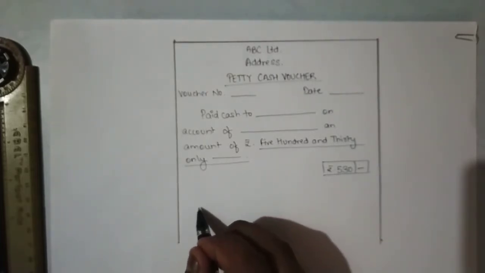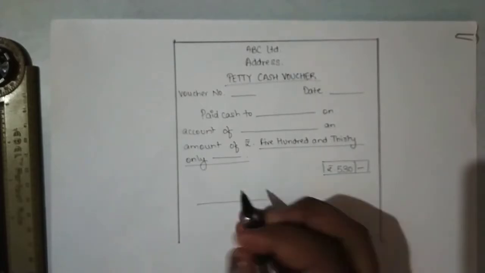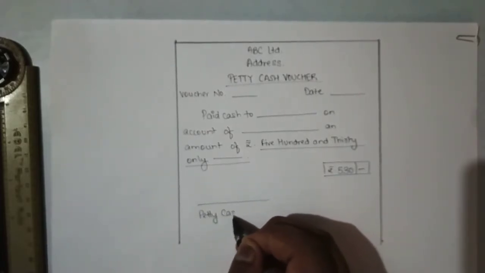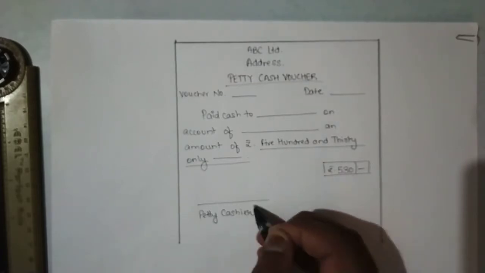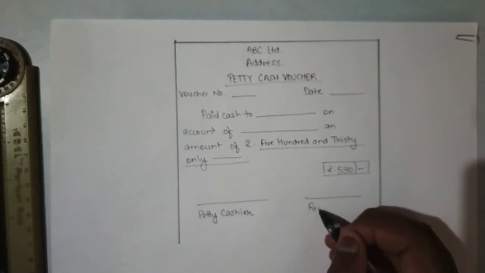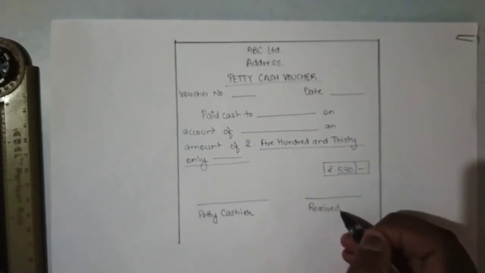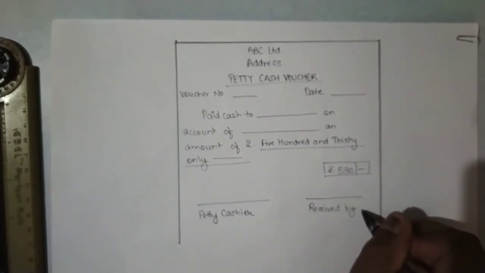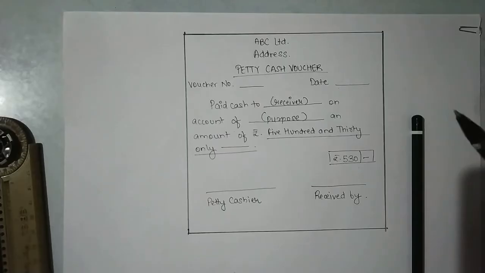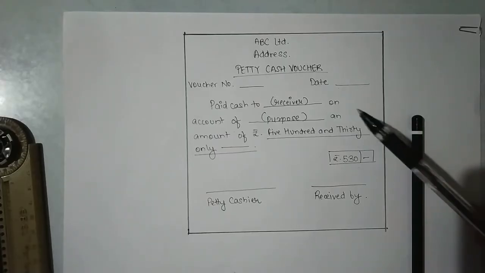Mostly a petty cash voucher is prepared by the petty cashier himself. So the signature of petty cashier and the signature of the receiver. And with that, my petty cash voucher is complete. This is how you draw a petty cash voucher.